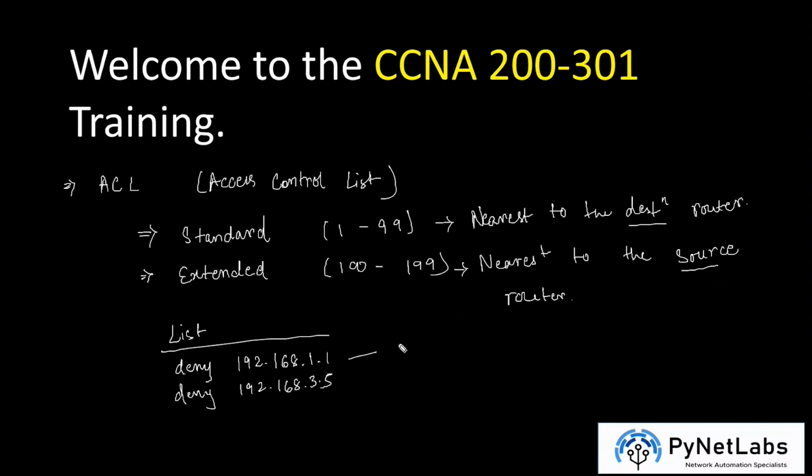Let's say these are the IPs of some end devices, and you tell the list that you don't have to accept any traffic which you receive from 1.1 or 3.5. Now, once you are done with these statements, there is something hidden, which is the implicit deny.